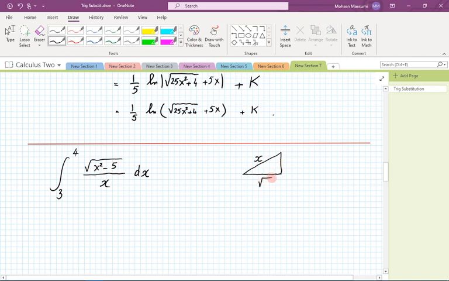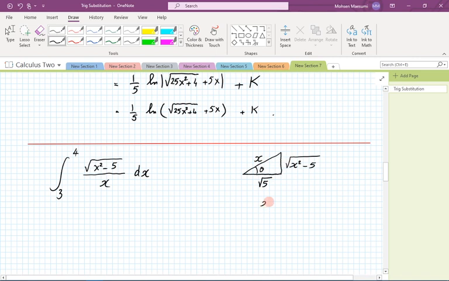By convention we take this one. Then the opposite is going to be the square root of this minus the square of that. The square root goes away. We take this one to be our angle. That's where the picture comes from.